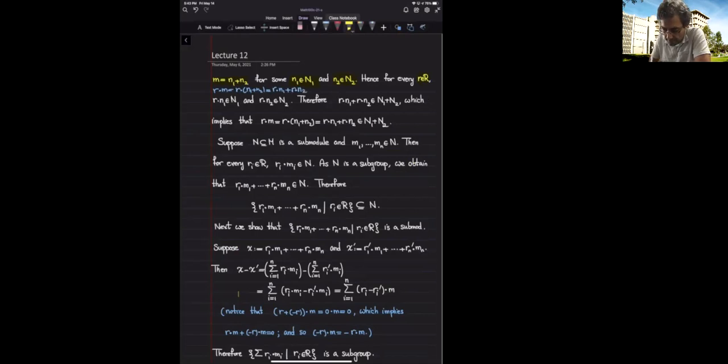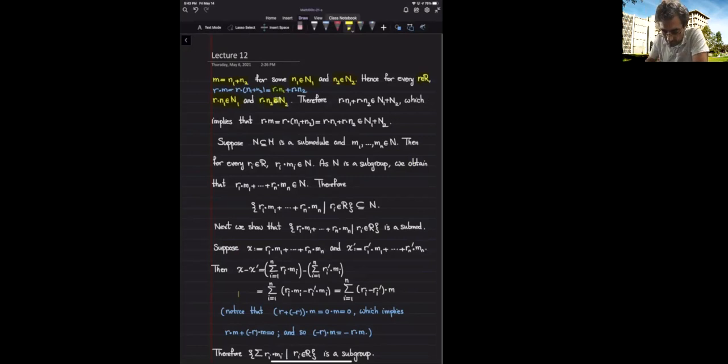Now notice that R times n1 is inside capital N1 because capital N1 is a submodule, small n1 is an element, and a submodule is closed under scalar multiplication. Similarly, R times n2 is inside N sub 2.